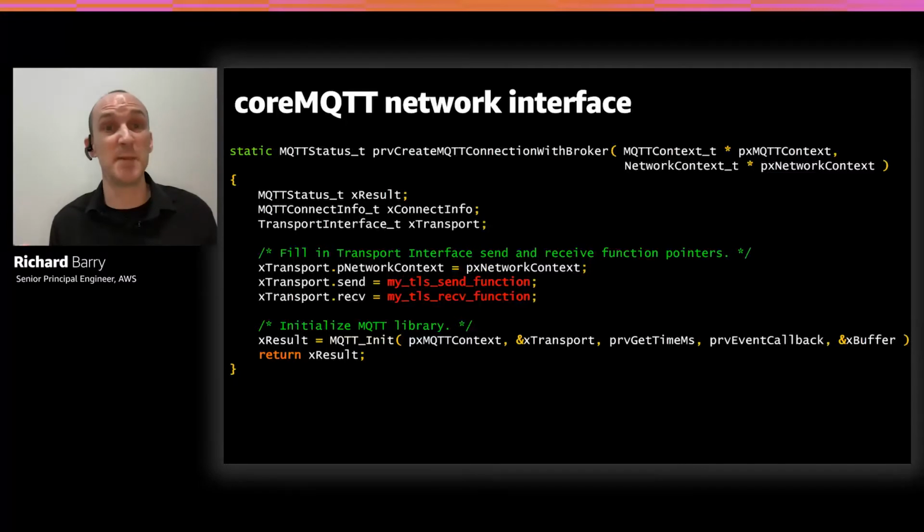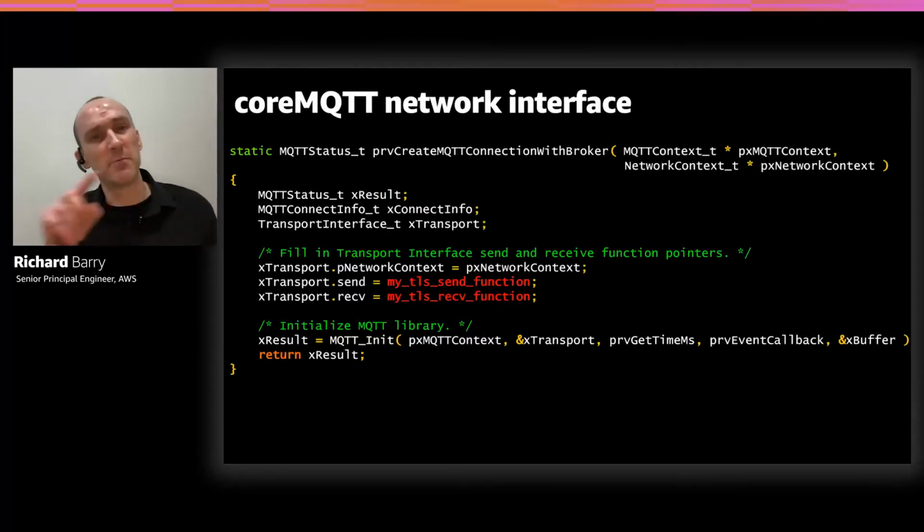It may be just a TCP socket, maybe a TLS context, maybe some kind of context out to an offloaded TCP stack. Then you have to provide function pointers for your send and receive functions. Here I'm showing my TLS send and my TLS receive. You've already got those. You're sending and receiving already. This is what we call a brownfield application. It's an existing application.